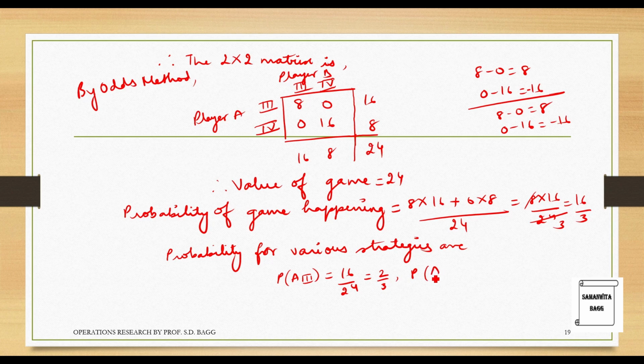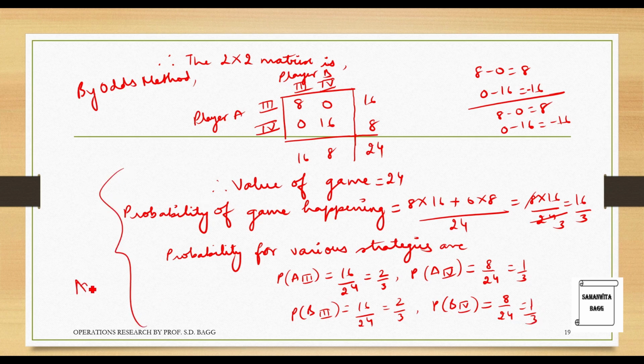Probability of A choosing the fourth strategy is 8 by 24. That is 1 by 3. See, the summation of both is 1. Then the probability of B choosing the third strategy is 16 by 24. So this is 2 by 3. And probability of B choosing the fourth strategy is 8 by 24, which is again 1 by 3. So this entire thing is the answer for this question.